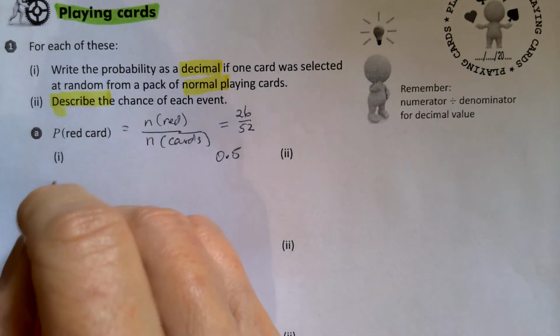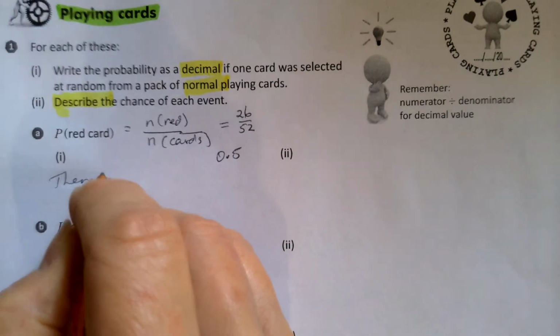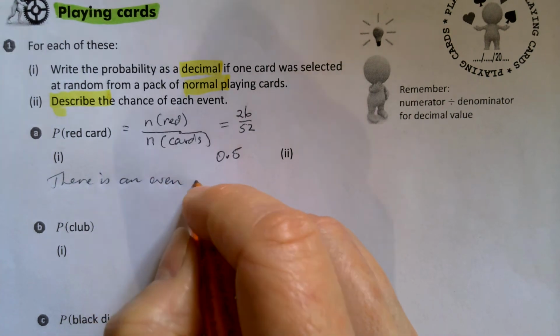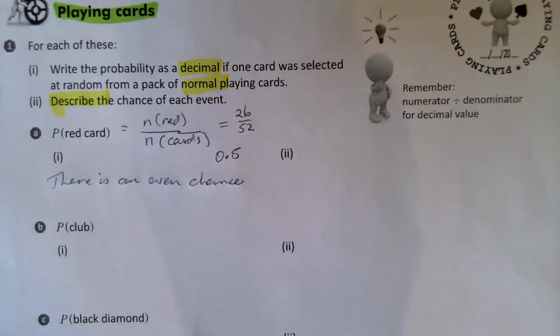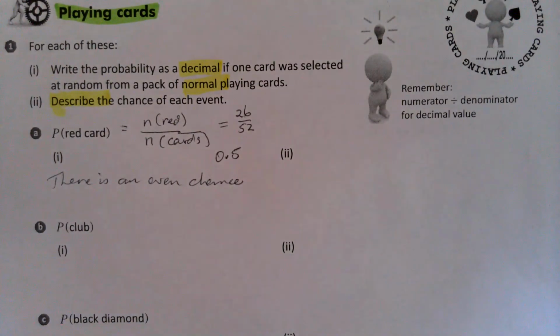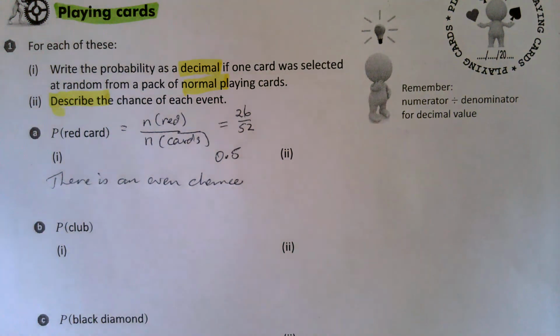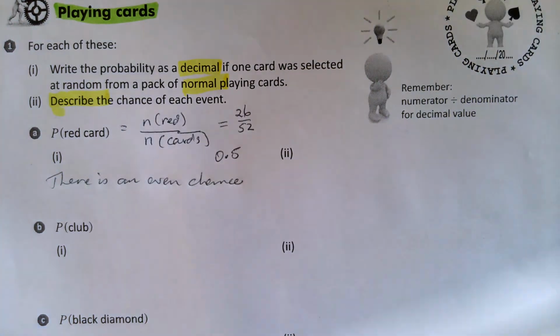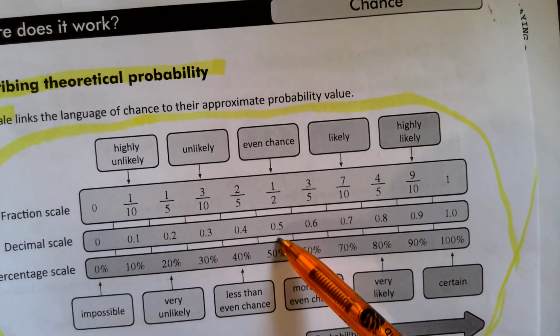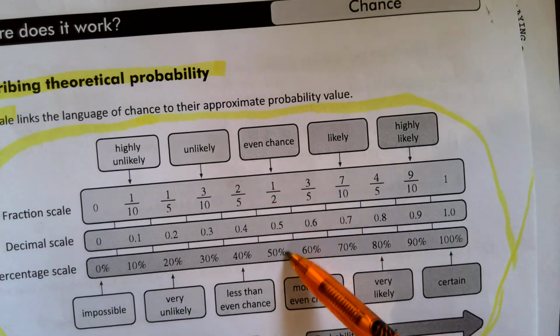So then it says to describe. So there is an even chance. Now you can go right back to the beginning where we had that. Remember, even, half, 0.5, 50%. So it's an even chance.